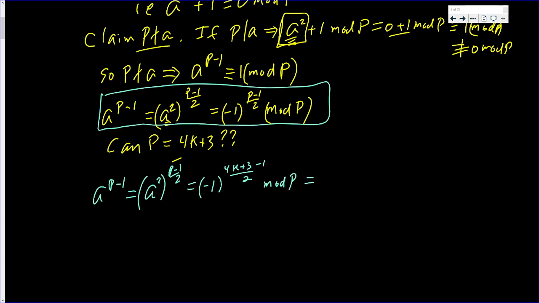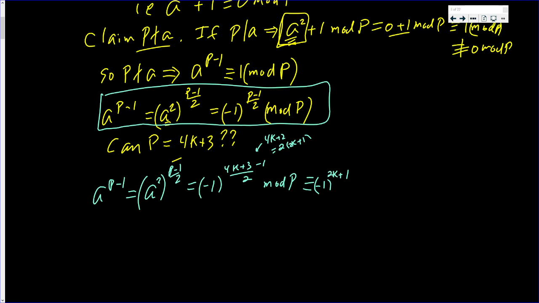And this is congruent to, well, this numerator becomes 4k plus 2, which is 2 times k plus 1. And when you divide it by 2, you just get k plus 1. So you get negative 1 to the k plus 1.